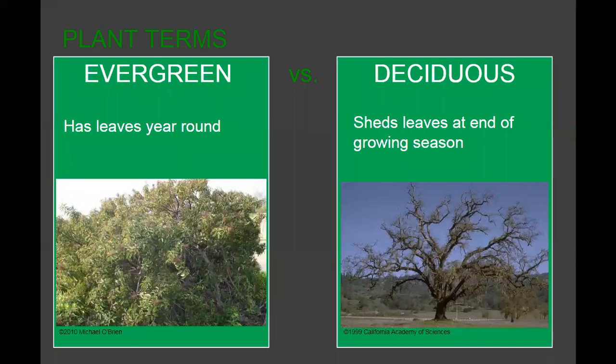What that means is that in the hot summer months, they will shed and drop most, if not all, of their leaves as an adaptation to deal with little water. So for us, you may see some of these plants that are bare because that is their adaptation to deal with lack of water in our climate.